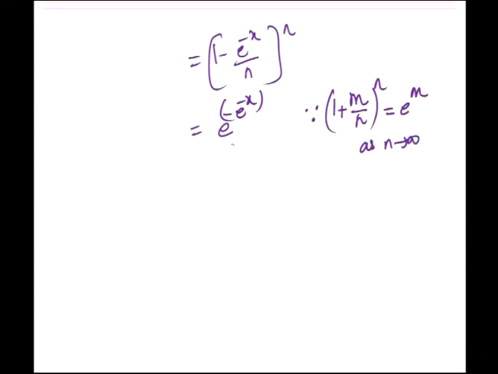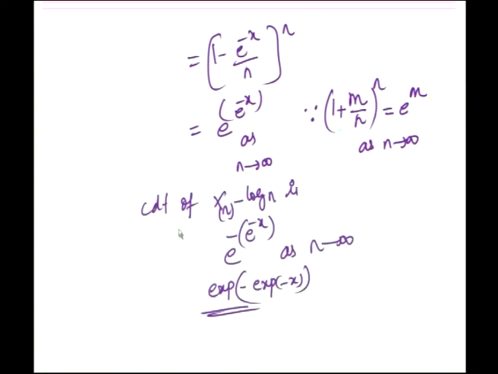So here also it is equal to e power minus x as n tends to infinity. Hence we have proved that the CDF of X(n) minus log n is e power minus of e power minus x, that is, exponential of minus exponential of minus x, as n tends to infinity. Hence proved.